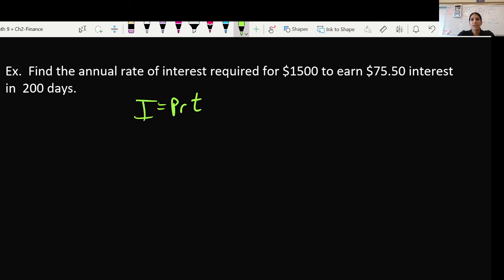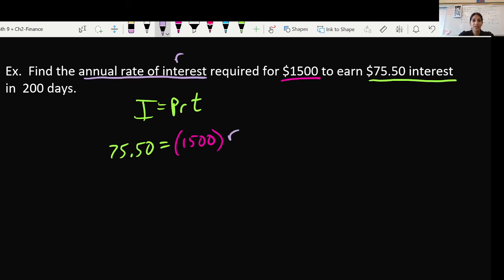If we're earning $75.50 in interest, we're going to put that into here. $75.50 in interest equals, for the principal, $1,500. Okay, let's plug that in here. $1,500 times R. That's what we're looking for. Find the annual interest rate. So that's what we're looking for here.